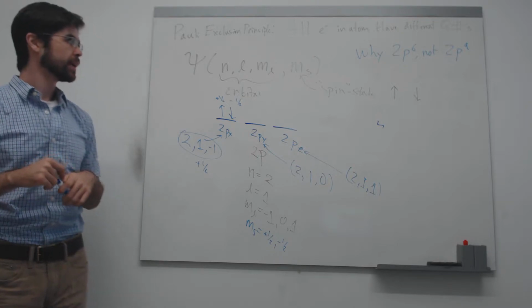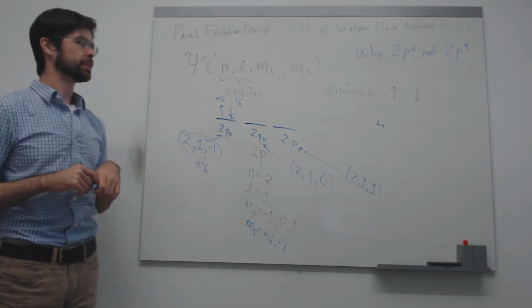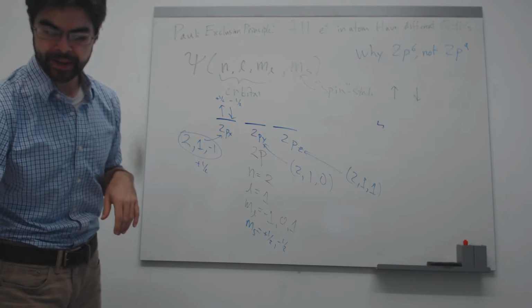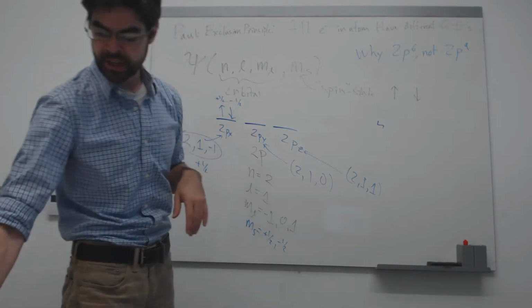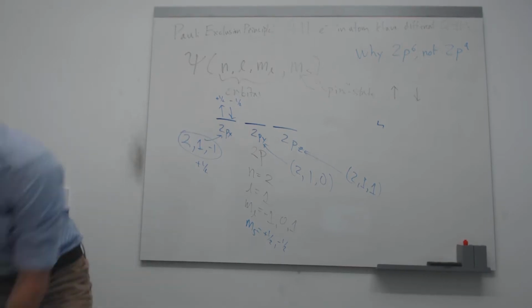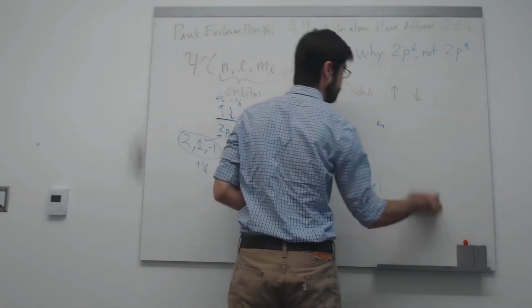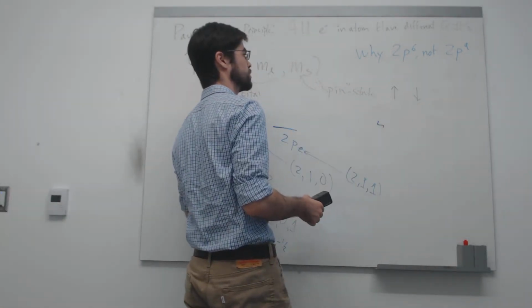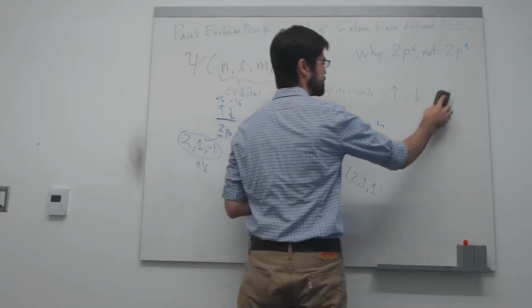So for example, let me give you an example here. Let me do neon. Neon should have 10 electrons.